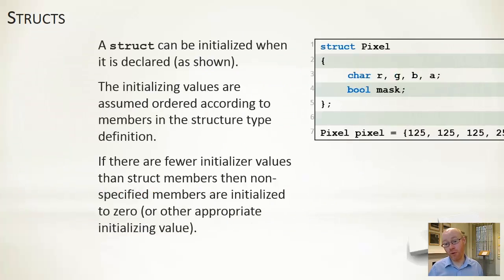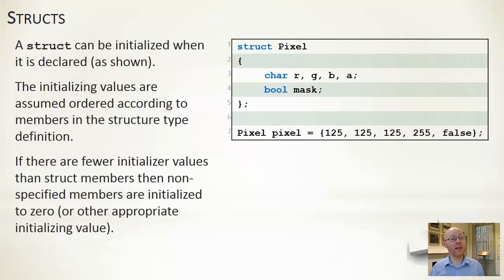A little bit more on this about how we actually initialize a structure. It's fairly straightforward. It is in many respects similar to initialization of a class, but we'll see that when we get on to looking at classes. You can specify a bunch of values. The values that you specify are assumed to populate the data types declared within the structure in the order in which they are declared.